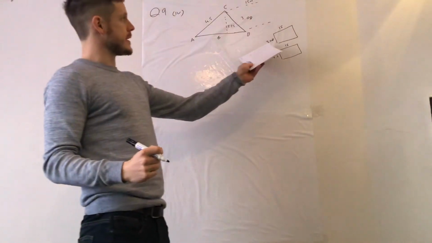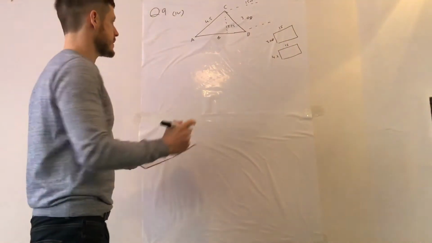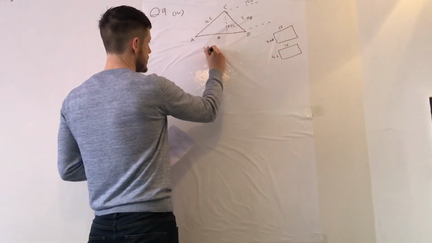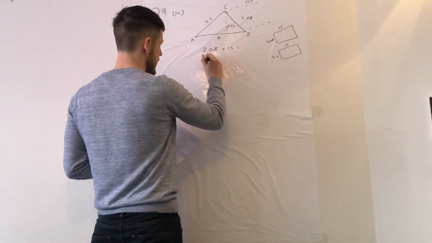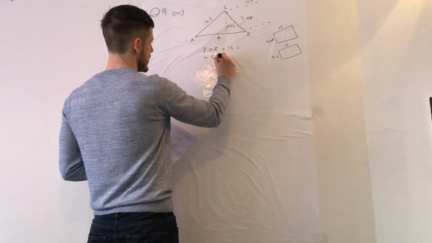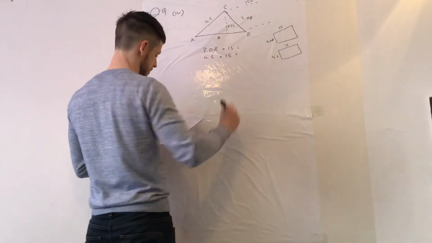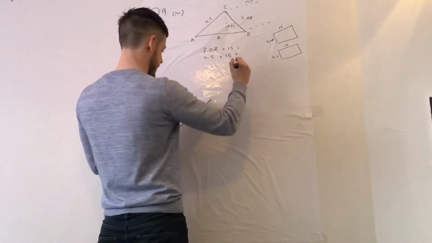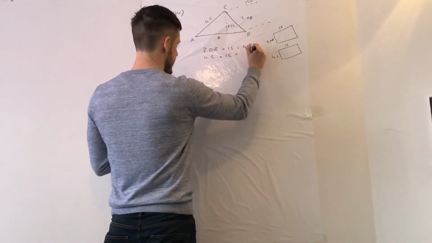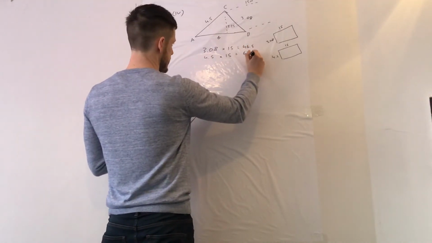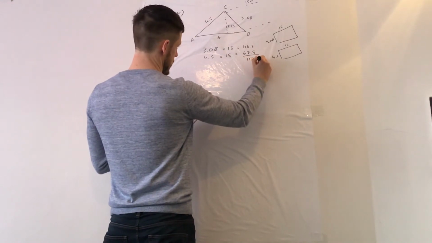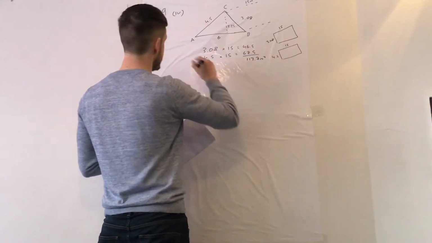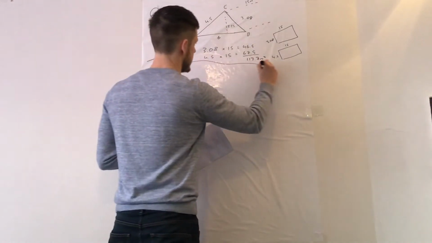So we just need to work out the area of this and the area of this and add them together. So I'm going to do 3.08 times 15, and 4.5 times 15. I do the first one, I get 46.5 (46.2), the second one I get 67.5, add them together and I get 113.7 meters squared. And that's the area of the roof there.